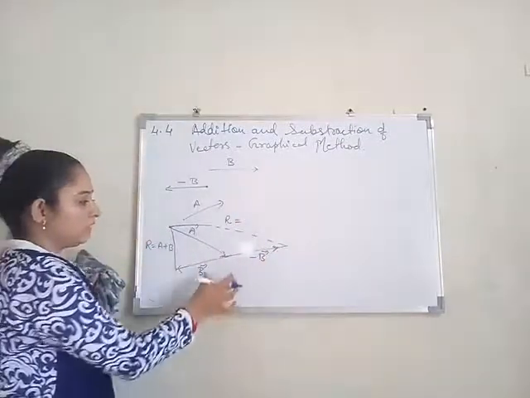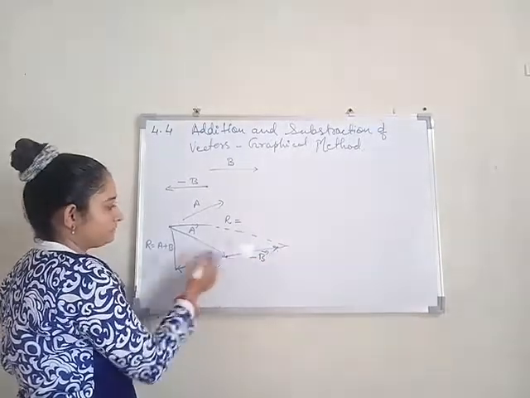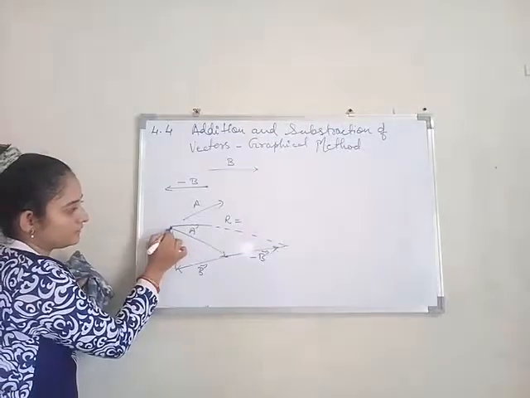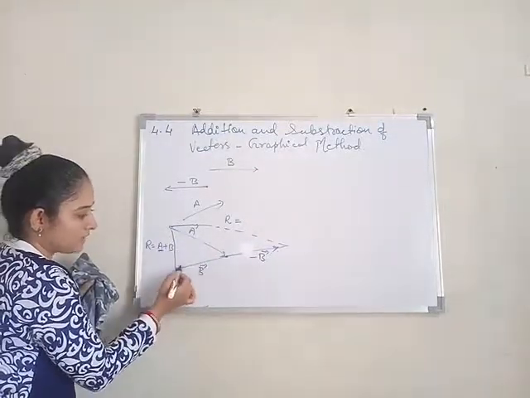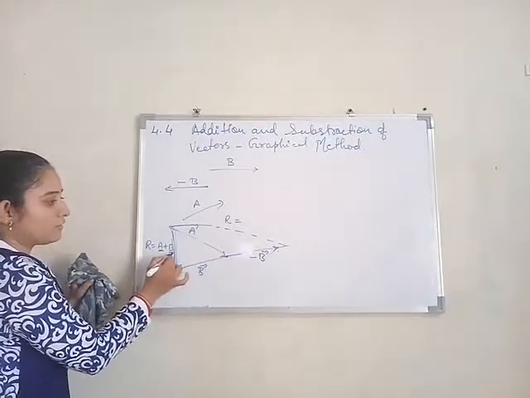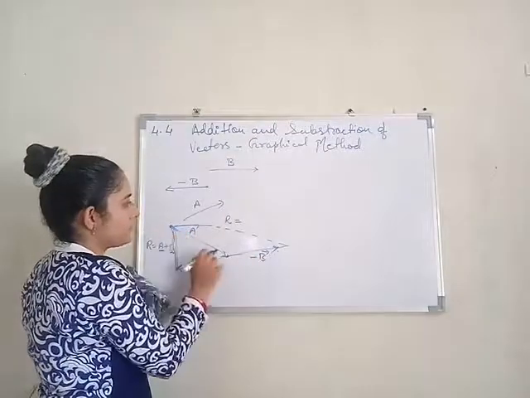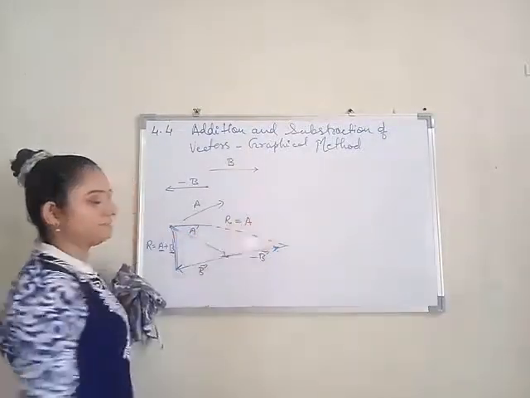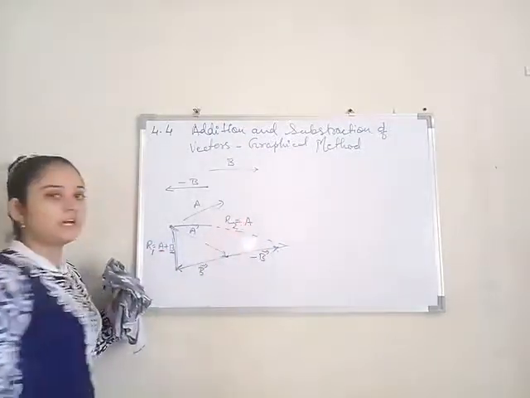Consider one vector B and one minus B. From this point the resultant vector is moving away, so first we will write A, and this is coming inside this line, so next B, R equals A plus B. Now in this, from this point it is moving away, so first we write A. This is resultant vector 1, this is resultant vector 2.